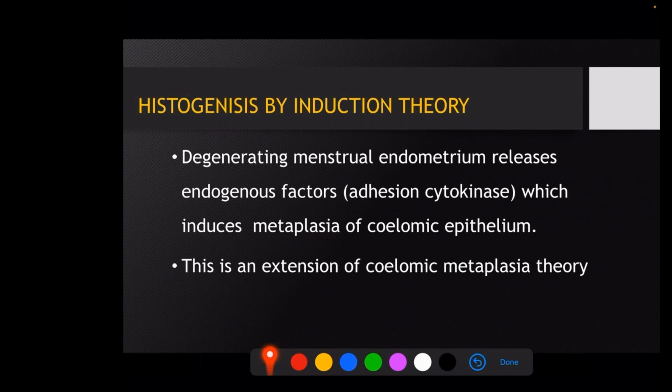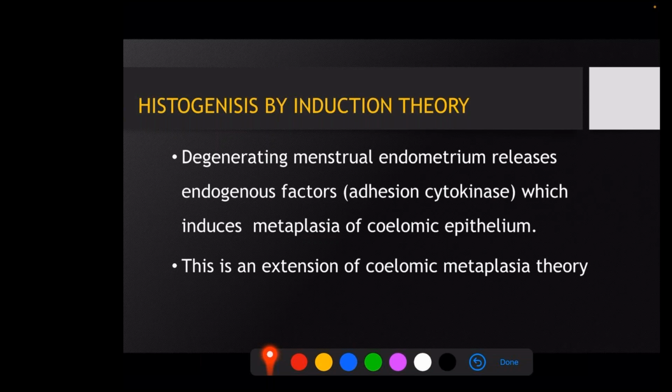Actually, this is an extension of the coelomic metaplasia theory. But this theory is also supported by in vitro studies that have demonstrated that the ovarian surface epithelium has the potency of transformation to form endometriotic lesions in response to estrogen. In response to estrogen, there is a chance for transformation of ovarian surface epithelium to endometriotic tissues.